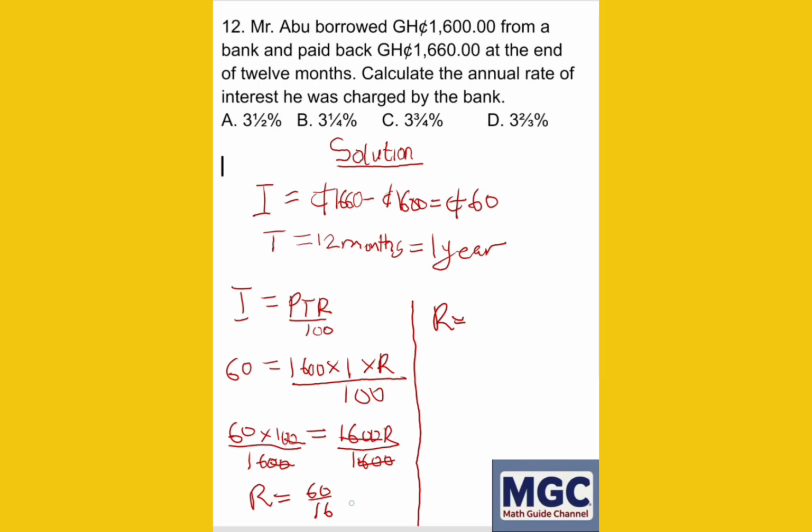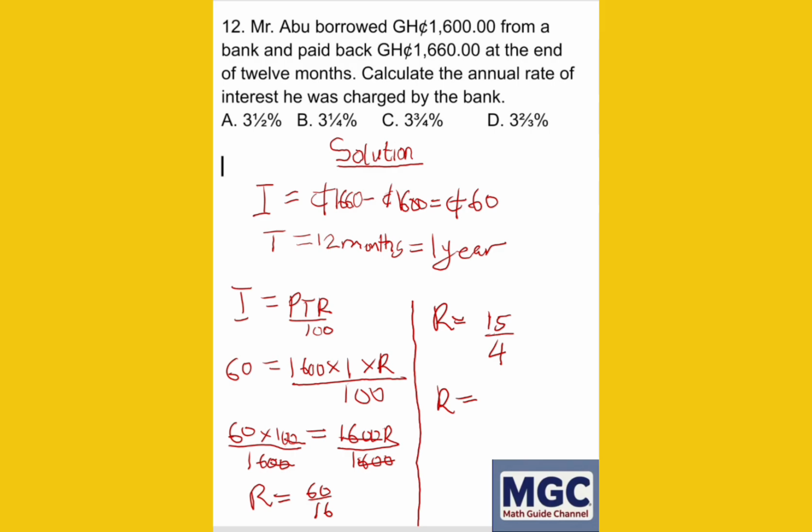So we use the 4 to break down the fraction. Now 4 will enter 60 15 times. So we have 15 over, 4 will enter 16 4 times. So we have our R to be equal to 15 over 4, which can further be simplified.